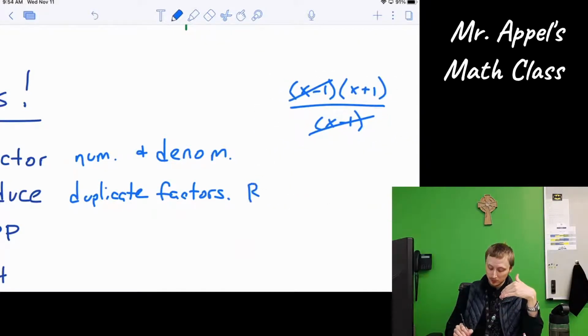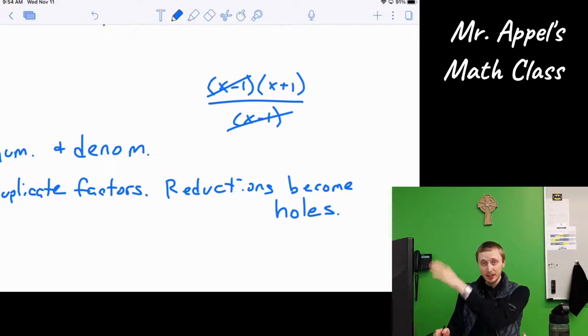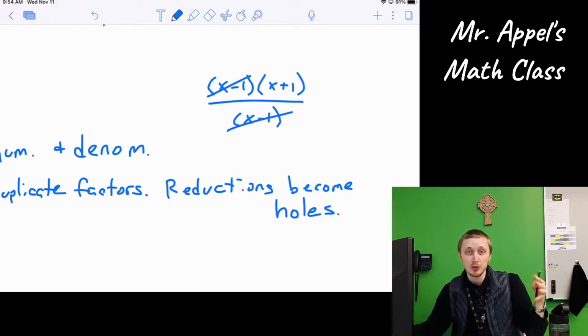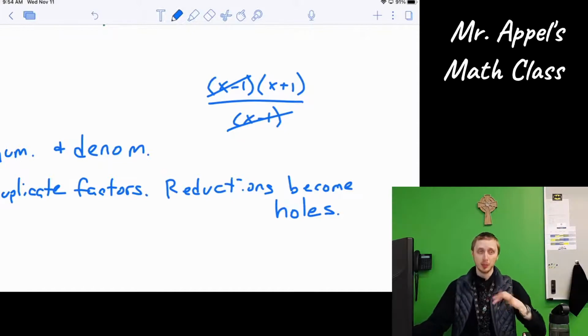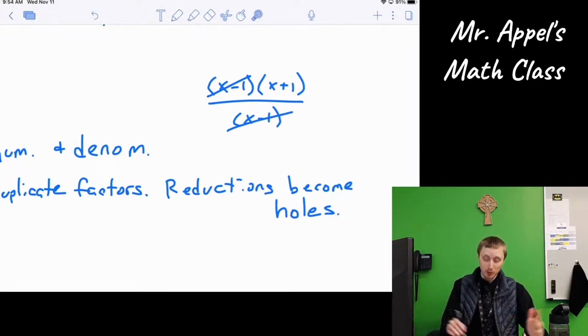Okay? Reductions become the holes. Anything that got reduced out is a hole, by definition, right? A hole is really, the proper term is removable discontinuity, and what you've done is you've just removed it.